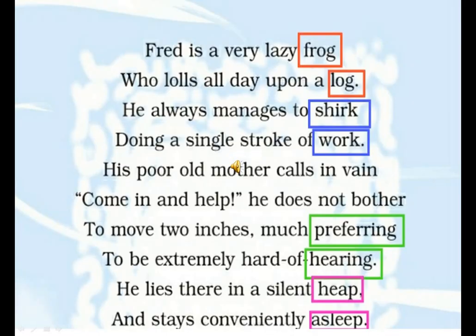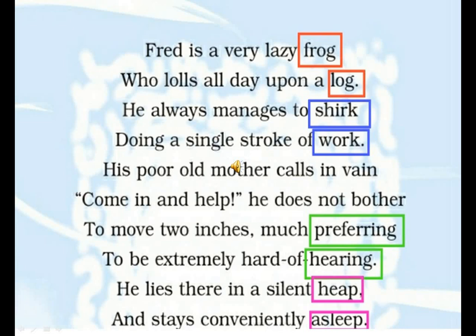As you can see here, the rhyming words have been put in colored boxes. Fred is a very lazy frog who lolls all day upon a log. So, you see, frog and log have the same similar sound. Yes, that is why they have been put in these red colored boxes.